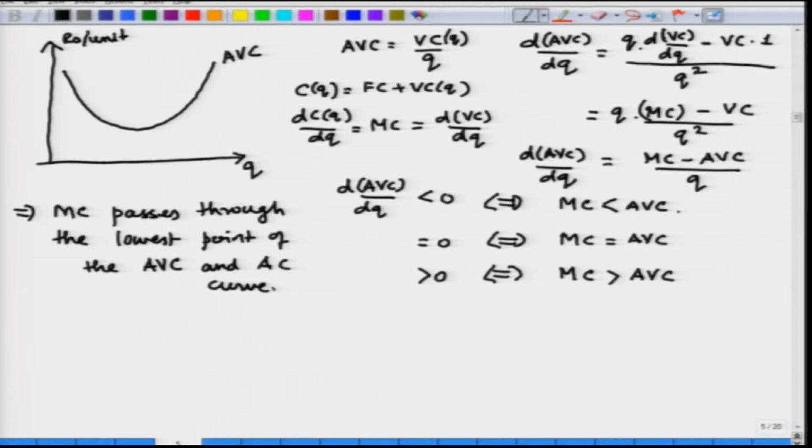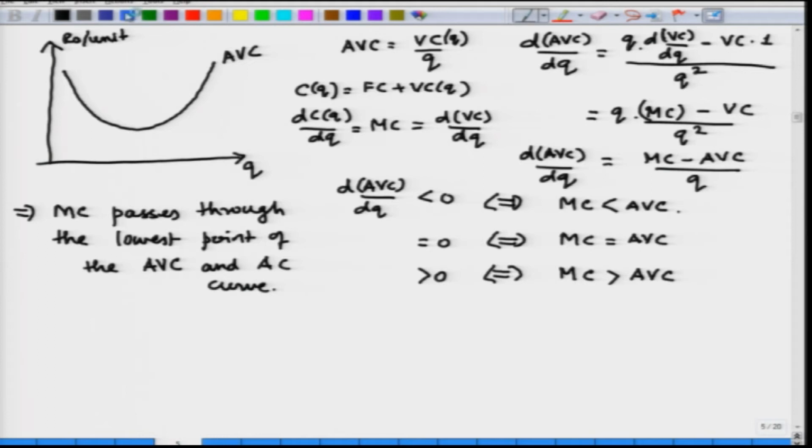Right. So, instead of average variable cost, if I just suppress the V, and take the total cost divided by Q and repeat this entire analysis, we will get exactly an analogous condition where dAC/dQ is less than 0 when the marginal cost is less than the average cost. It is equal to 0 when marginal cost is equal to average cost, and it is greater than 0 when the marginal cost is greater than the average cost.